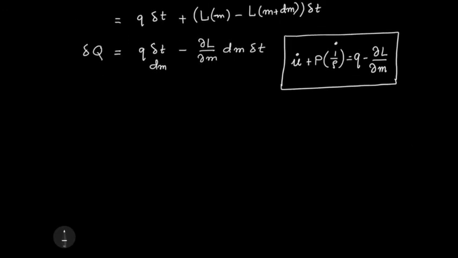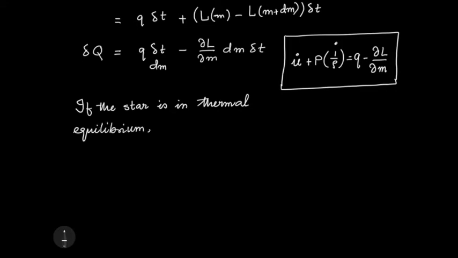If the star is in thermal equilibrium, then your left hand side, which has the time derivative, equilibrium means it doesn't change with time.